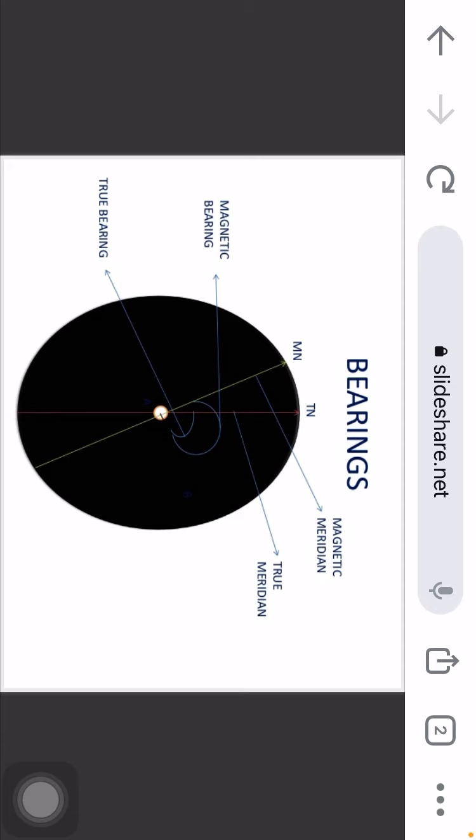True meridian is the meridian which passes exactly through the centroid of the earth. Magnetic meridian is the meridian which deviates from the true meridian because of the magnetic forces of the earth. The third one is the arbitrary meridian. It is the temporary meridian which we fix on the surveying ground, and with respect to that meridian we measure the bearing.